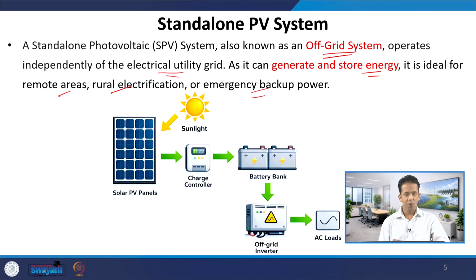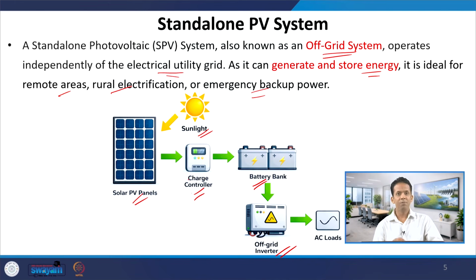If you look at the picture, you can see the major components of a standalone PV system. To capture sunlight, we need solar PV panels, which can be placed in the form of arrays. Solar PV panels generate DC power, and that DC power has to be converted to AC, for which we will need an inverter. But between the solar PV panel and inverter, there is a charge controller and a battery bank.